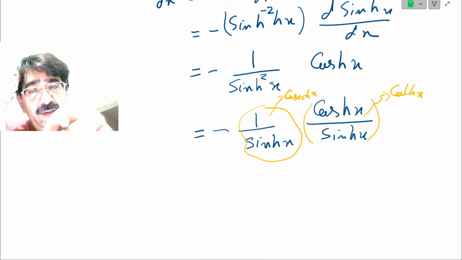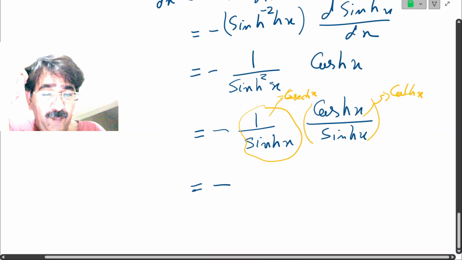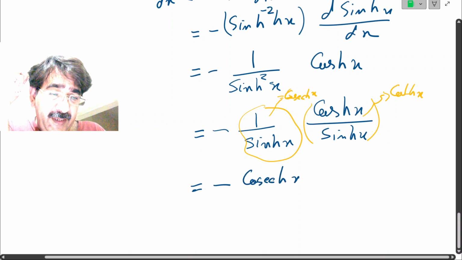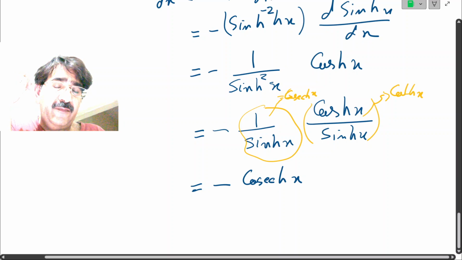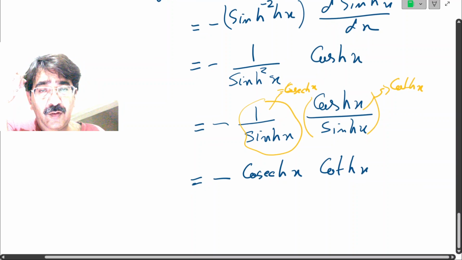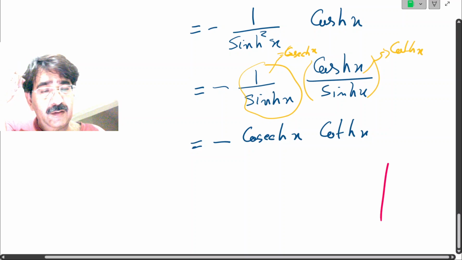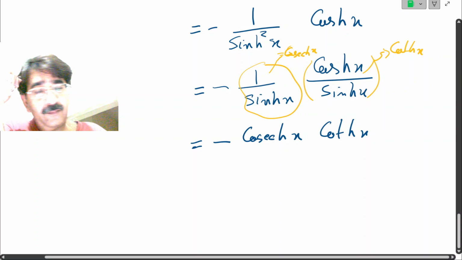So the result will be minus cosecant hyperbolic x times cot hyperbolic x.